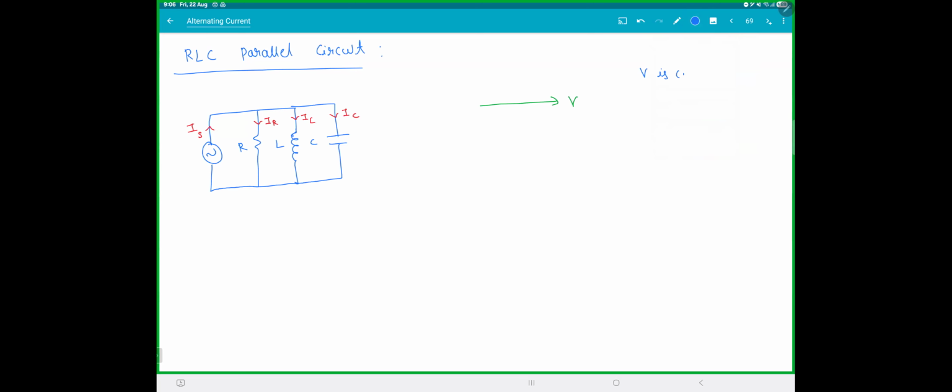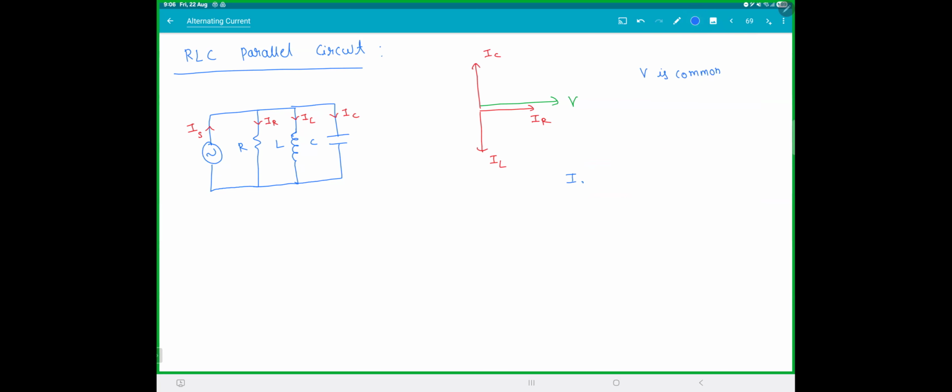So the phasor diagram which you draw: the current in the source and IR will be in phase. IL will be downward. Remember, in the voltage diagram, I was this and VL was up. So if you rotate 90 degrees and make the voltage common, then IL will come down and IC will be up. So they will get reversed.